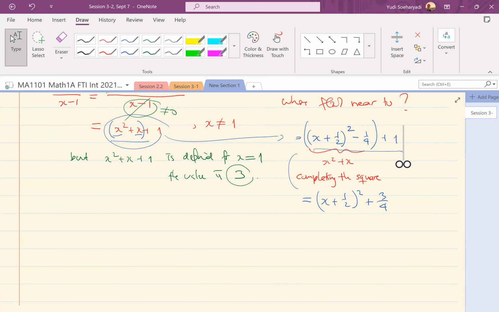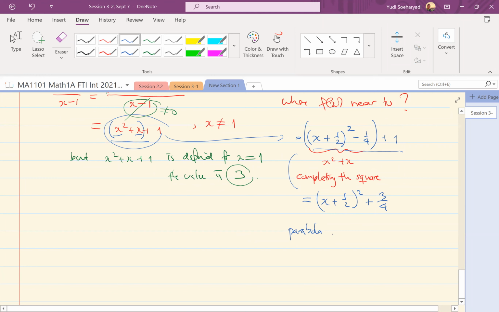Okay, so this is a parabola. Let's see, because this is positive, this opens up with vertex. This tells you the vertex. All right, so that's the graph of the parabola. Let's see, so we get negative 1/2.